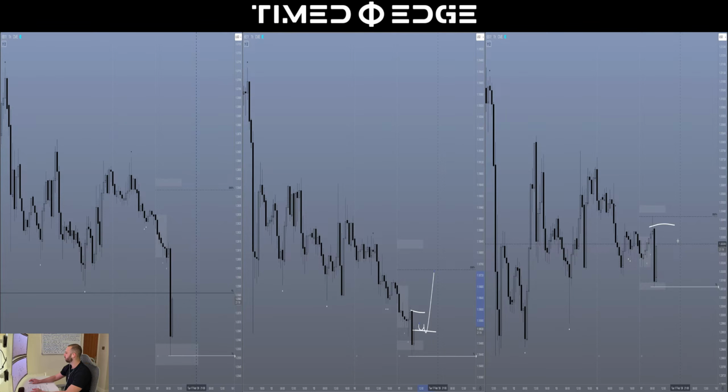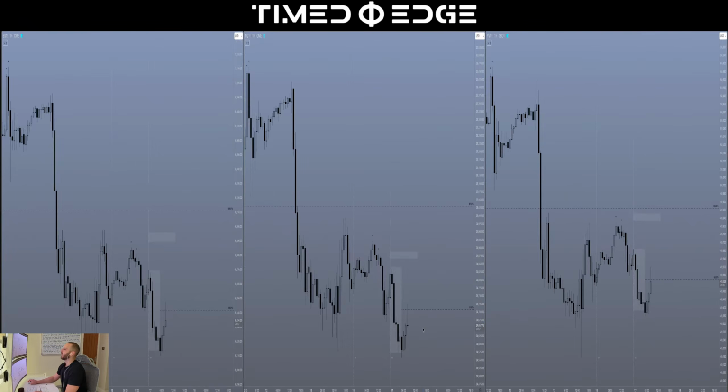Let's have a look at the index market. Okay, so we're reacting off that 50% there, fair value gap as well, matched in. For me, I'll tell you what I want to see. One asset to take the high, and then find the timed edge model, right?